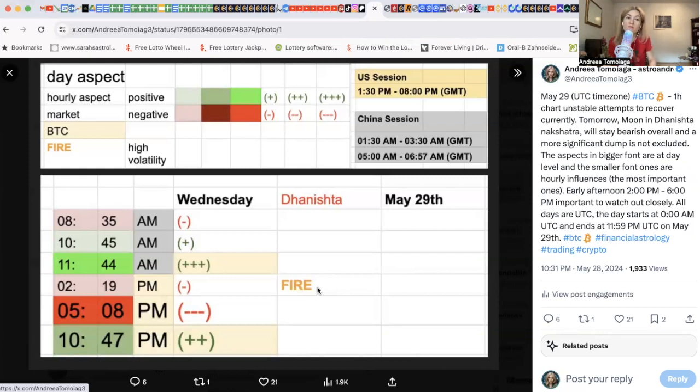So this would also give you a clue, for example, if we have an aspect that is exact approaching the opening of the markets, it is likely that it will manifest only then. We also saw yesterday that, yes, we had a bit of a dump at the beginning of the US trading session. So if you see, for example, a big pump in the morning, but it is outside of the trading sessions, you might not see much happening.